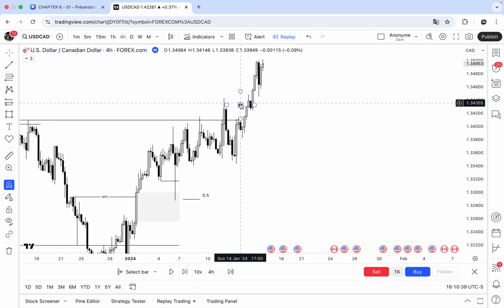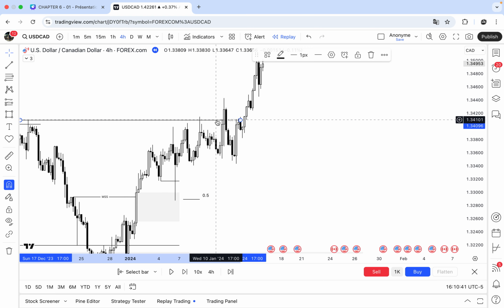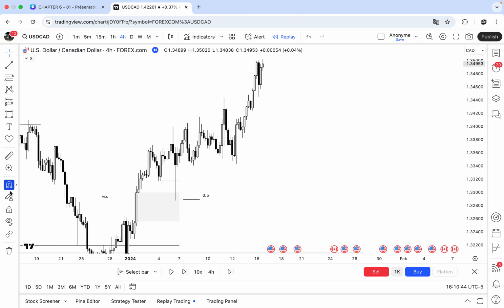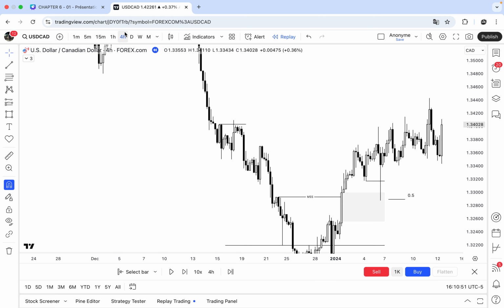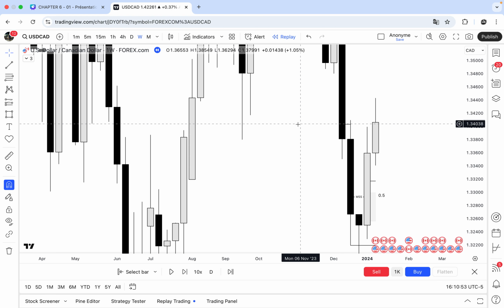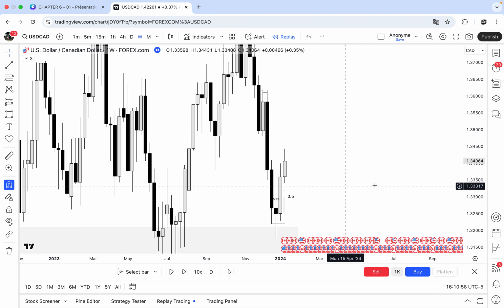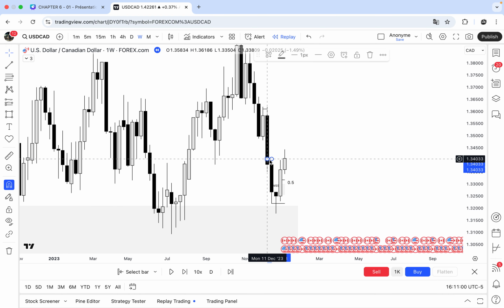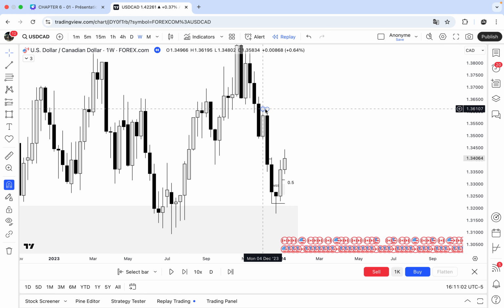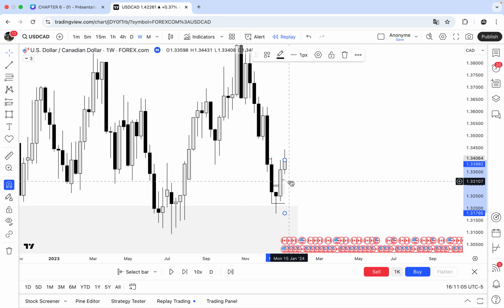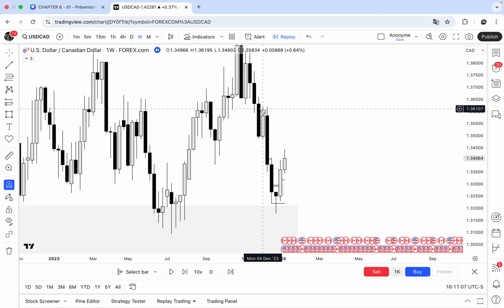Now, for example, you're there. Price reached. Let's go back. You go on the weekly time frame. The next drawn liquidity can be this, right? This is a PD array or the block.